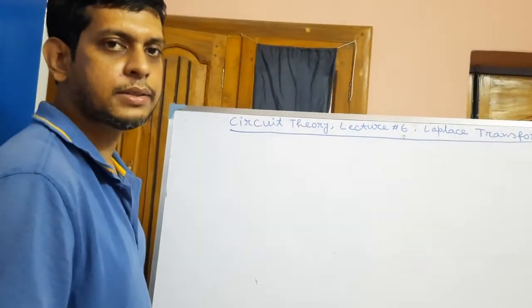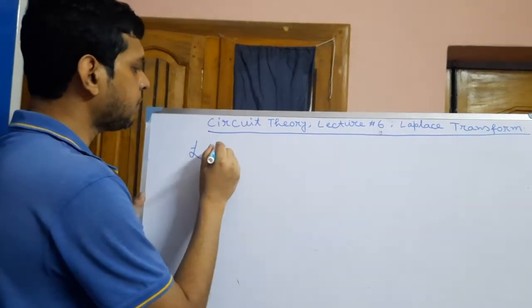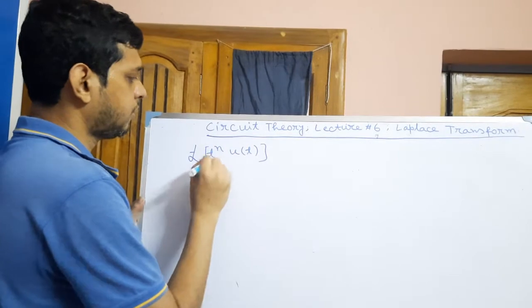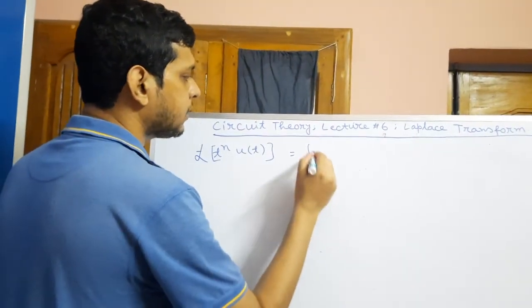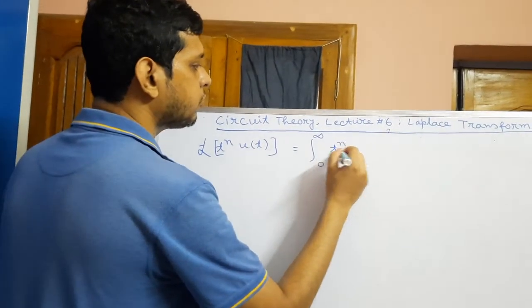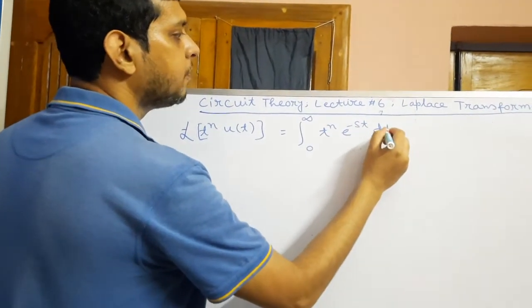Now let us determine the Laplace transform of t to the power n u(t). From the definition, the Laplace transform of t to the power n equals the integral of t to the power n e to the power minus st dt.